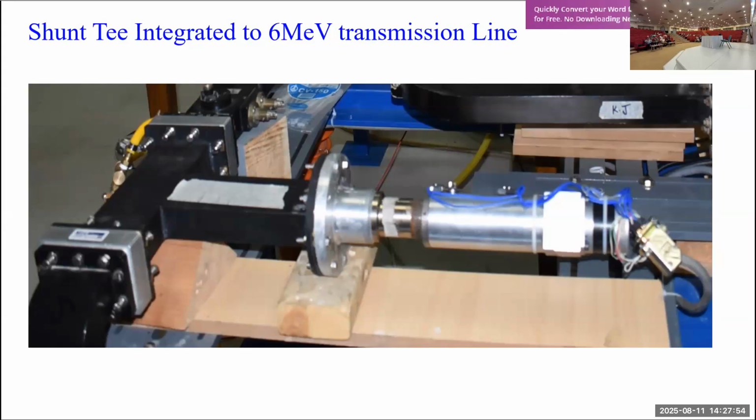There is another phenomenon, because every cavity is not a perfect cavity. It can be perfect in your simulation or somewhere in your imagination, but whenever RF passes through that cavity, current passes on the inner surface of the cavity, and ohmic losses are always there. Those ohmic losses produce heat, and some power is dissipated in the form of heat. If you want to measure that power, you have to work with your cooling channel.